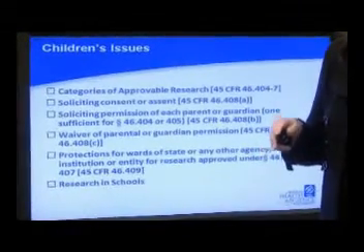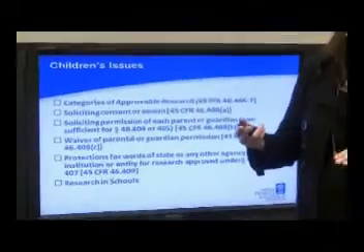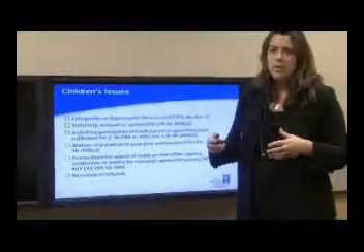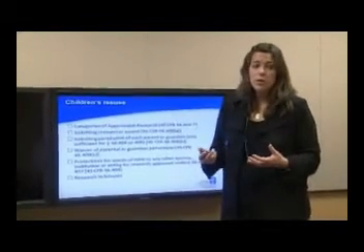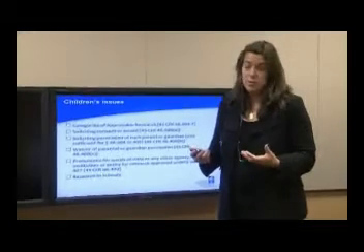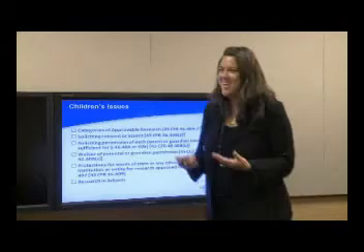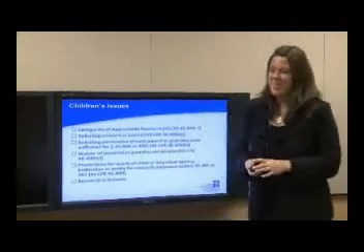So this means then that the children in this trial, if you're going to subject them to the greater than minimal risk activities, they have to be in that class of children that have a disorder or condition. And there's a lot about what is a condition. I've seen papers written that say adolescence is a condition, so it depends on how you're looking at this.